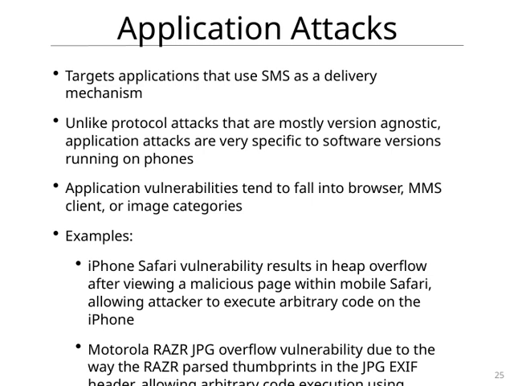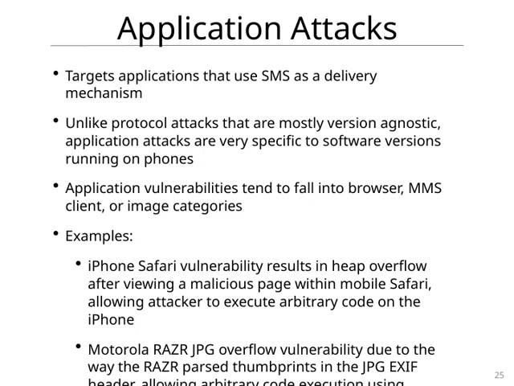Most vulnerabilities in applications tend to fall into a few categories: browser vulnerabilities, issues in MMS clients, or problems with images. For example, the iPhone Safari vulnerability results in a heap overflow after a user views a malicious page within Safari on the device. This can allow an attacker to execute arbitrary code on the iPhone, which is quite serious.